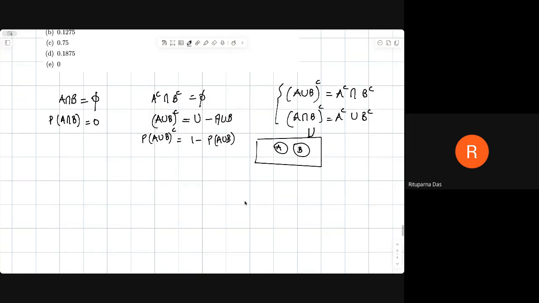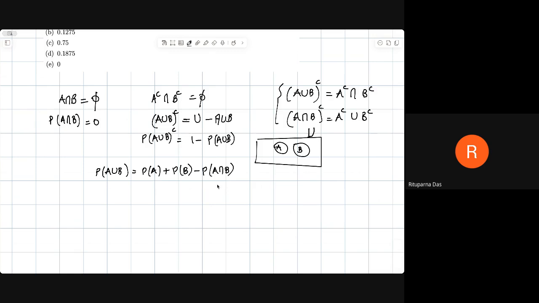Now, P of U is always 1, right? So now P of A union B is P of A plus P of B minus P of A intersection B. P of A intersection B is 0. So what do we have?